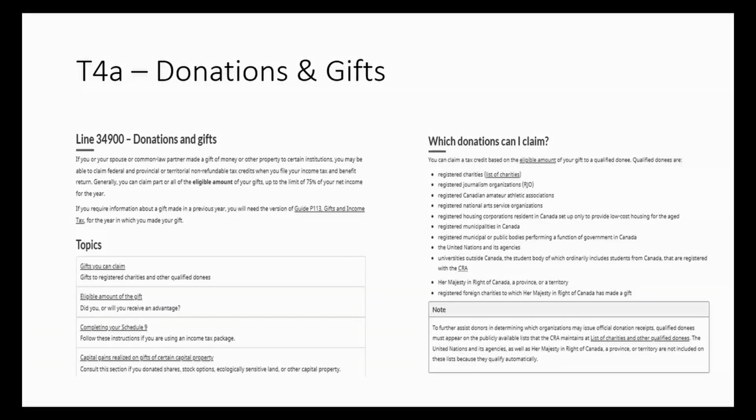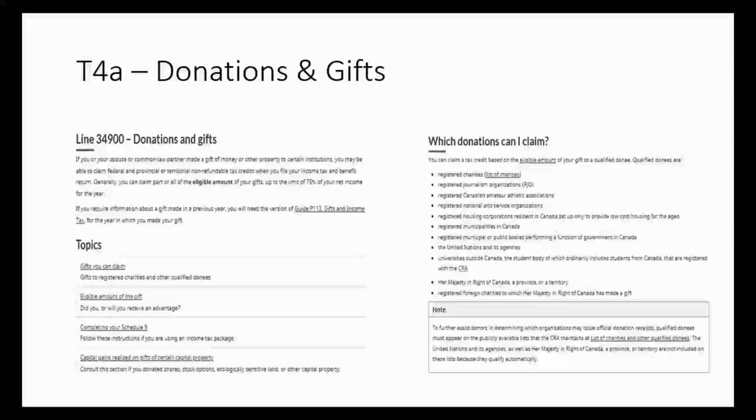Qualified donees are: A, registered charities; B, registered journalism organizations; C, registered Canadian amateur athletic associations; D, registered National Arts Service organizations; registered housing corporations resident in Canada set up only to provide low-cost housing for the aged; registered municipalities in Canada; registered municipal or public bodies performing a function of government in Canada; the United Nations and its agencies; universities outside Canada, the student body of which ordinarily includes students from Canada; and so on and so forth. So these are donations that you can claim using your T4A.